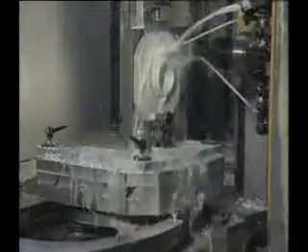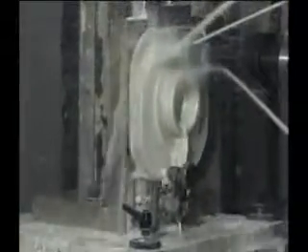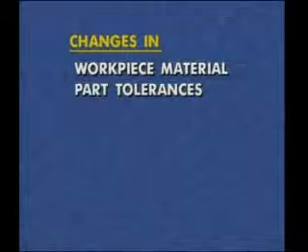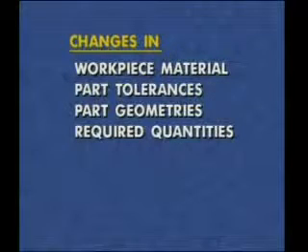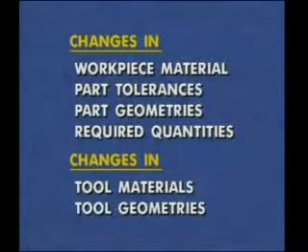Also important is the part's work-holding setup, which properly orientates and holds the workpiece, and the power and speed capacity of the machine tool. Changes in the workpiece material, part tolerances, geometries, and quantities required often demand corresponding changes in the tool materials and/or tool geometry selected.